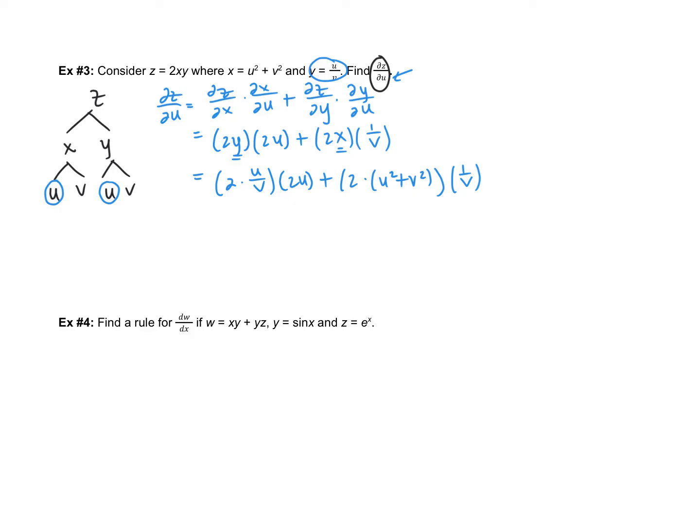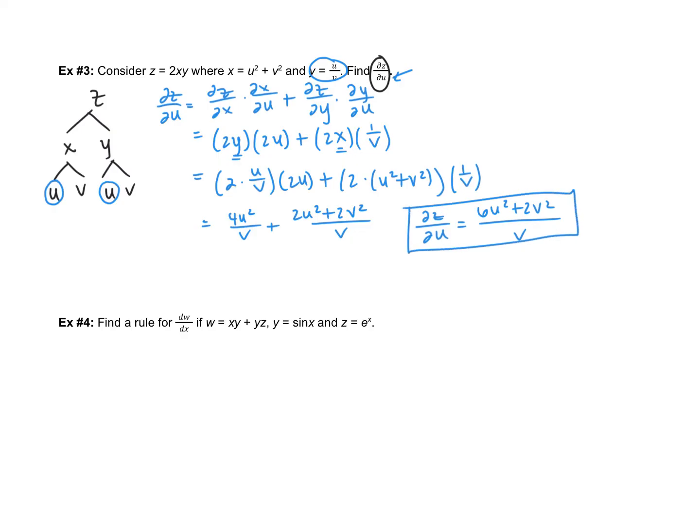Now, I would like this to look a little bit nicer. So if I end up simplifying, I'm going to have 4u squared over v, add 2u squared, add 2v squared over v. So my partial then of z with respect to u is going to be 6u squared, add 2v squared over v.